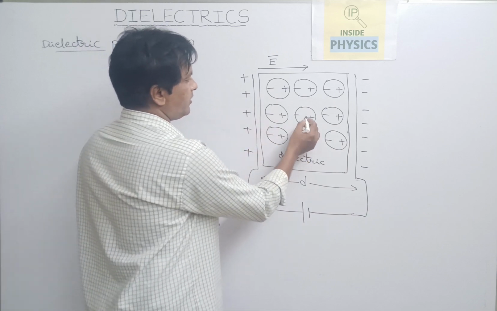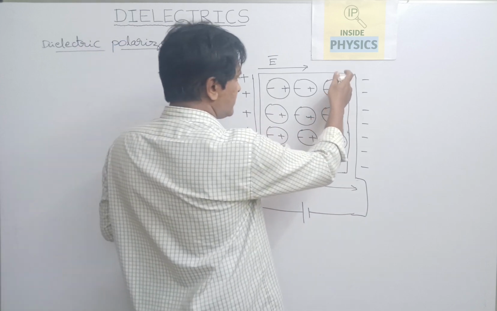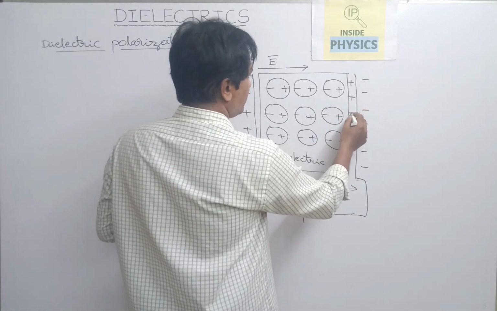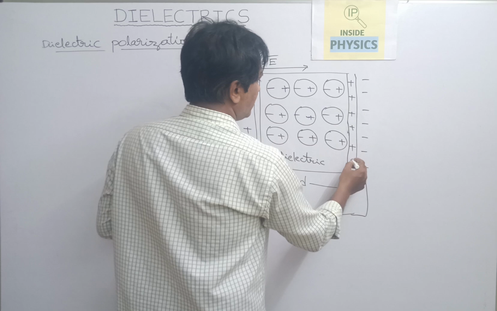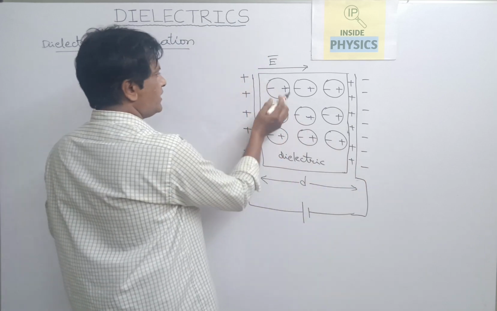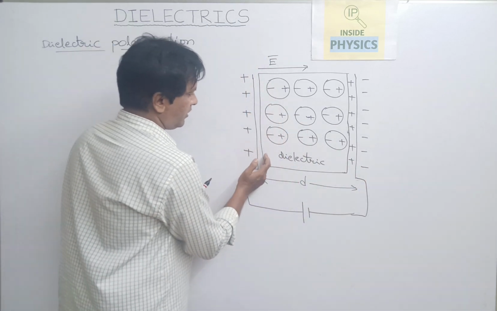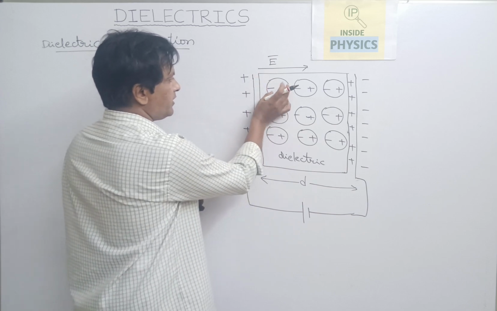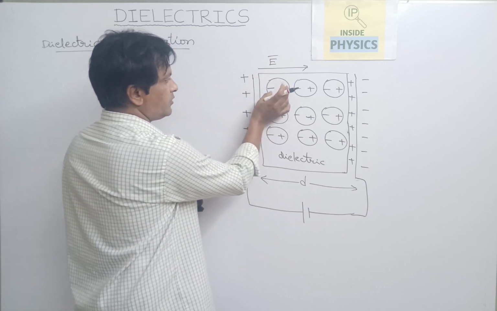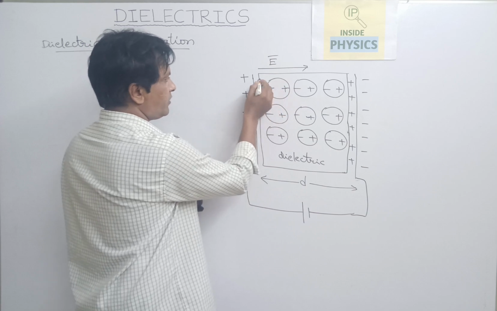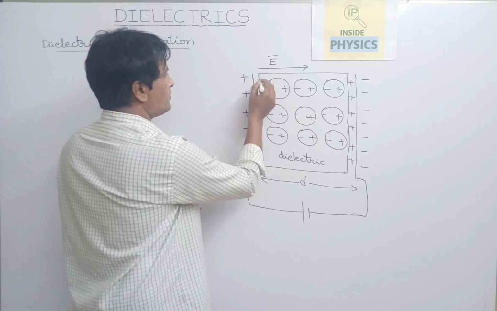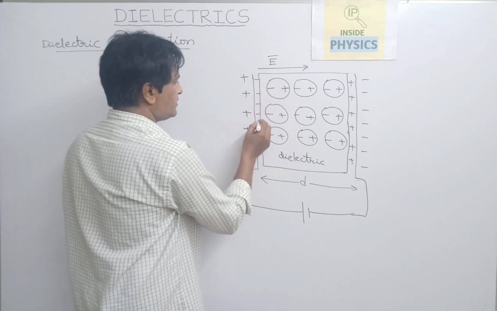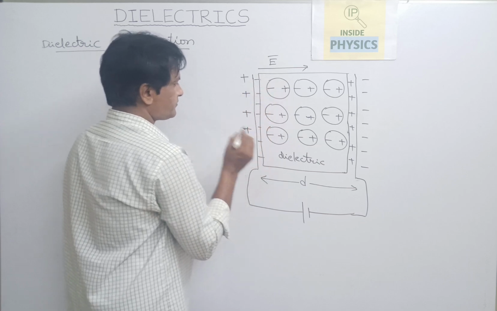So inside, if you observe, on this side all the positive charge is accumulated, and on this side all the negative charge, because all the atoms present at this wall are displaced because of the external field, and the electrons which are displaced towards the positive plate will make a negative charge on the other side.